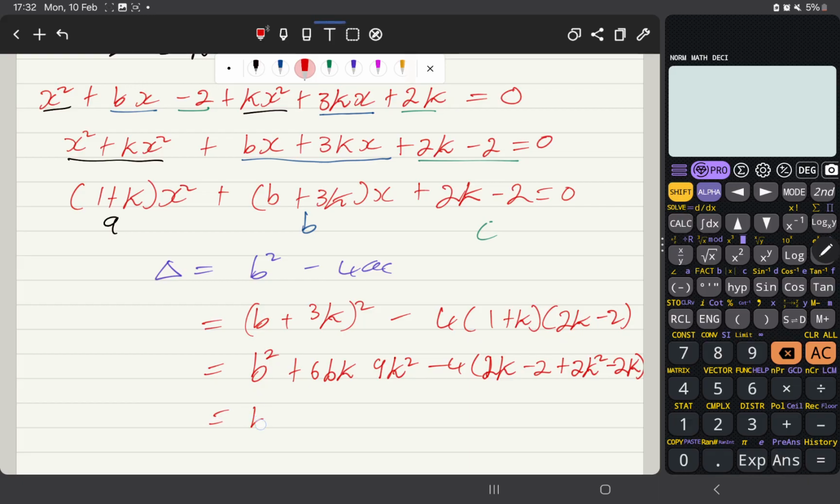Yeah, so then it's b squared plus 6bk, I forgot the sign here, plus 9k squared minus 8k plus 8 plus 8 minus 8k again, 8k squared.